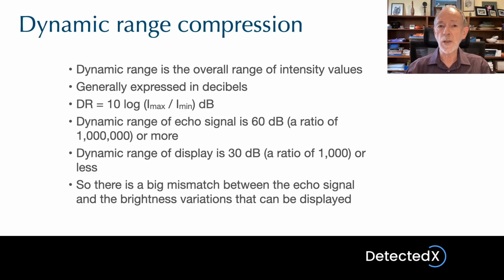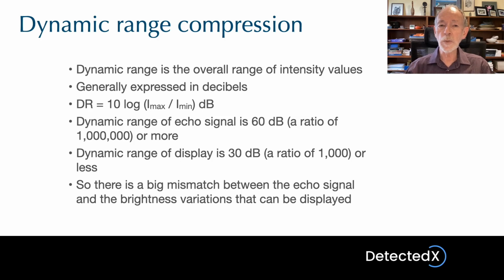We're going to display this on the screen as variations of the intensity of the grayscale. So we're going to have a dot representing each echo, and the brightness of that dot will be varied to represent the strength of the echo. The dynamic range of the display, and of our eyes in fact as well, is at best around 30 decibels. We can only see a range of, at most, 1,000 different levels of brightness, probably less than that.